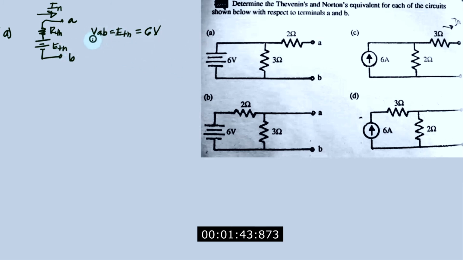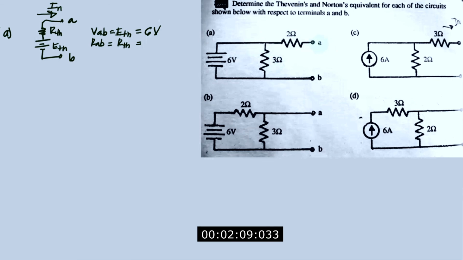For your RAB, which is your R Thevenin's, since we have here in the circuit diagram a voltage source, we have to apply short circuiting to this voltage source. And when you short circuit the 6 volts, the 3 ohms will not anymore be taken into account, so only 2 ohms.